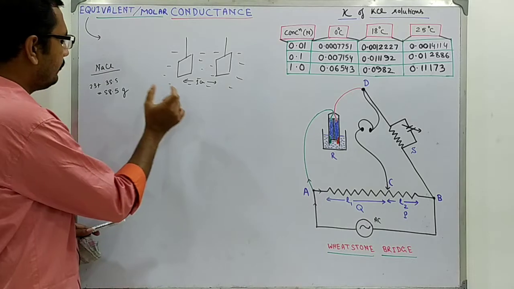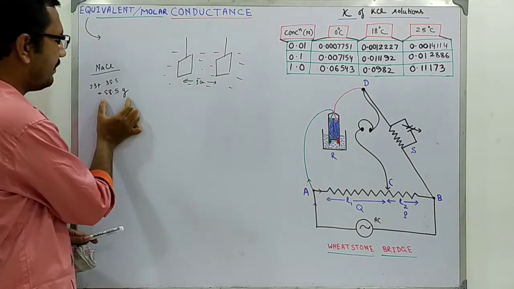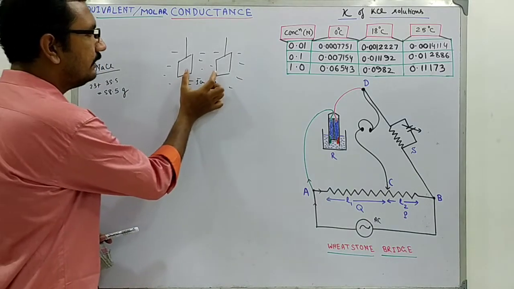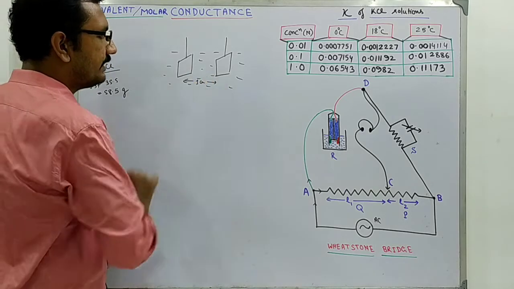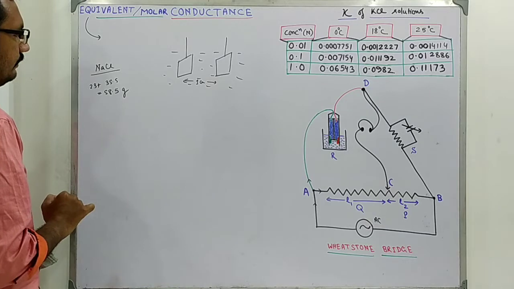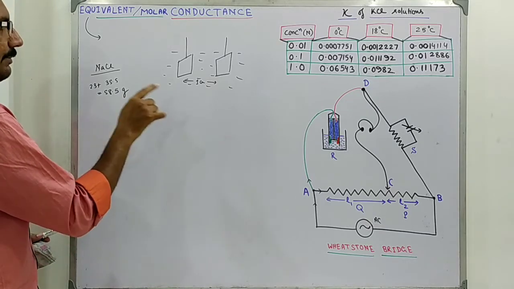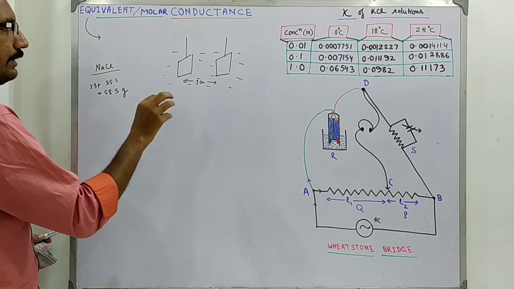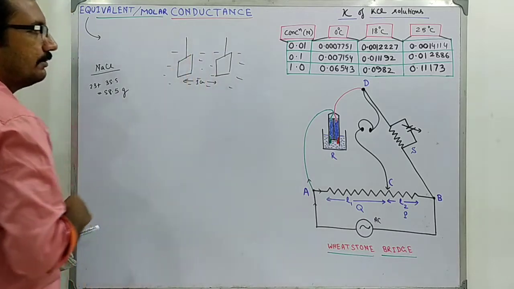Now, if you wish to place this amount between two electrodes which are 1 centimeter apart, will you be able to do it with small-sized electrodes?